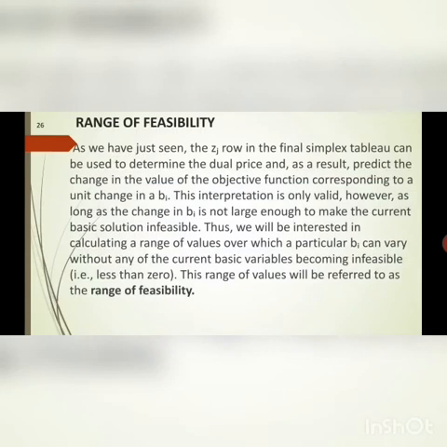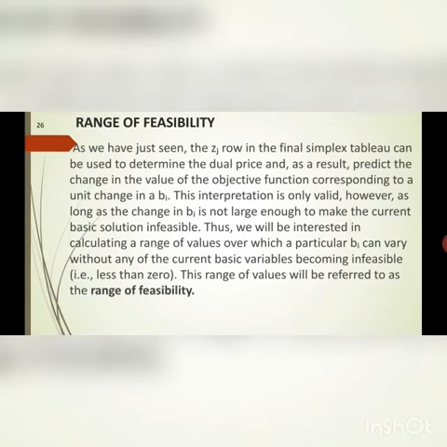So here, this is the range of feasibility. As we have just seen, the C sub j row in the final simplex tableau can be used to determine the dual price and, as a result, predict the change in the value of the objective function corresponding to a unit change in a b sub i.